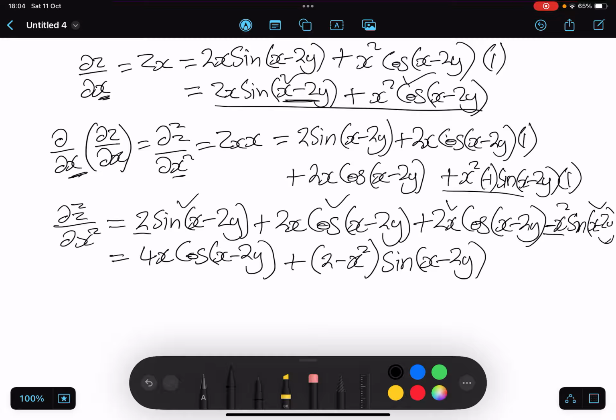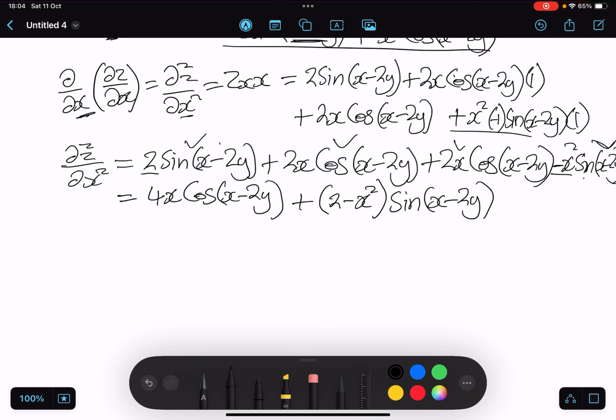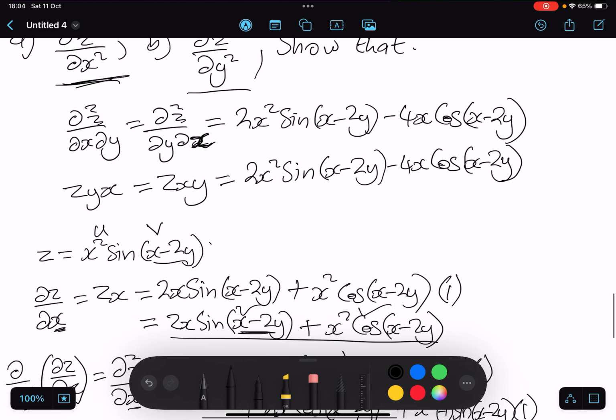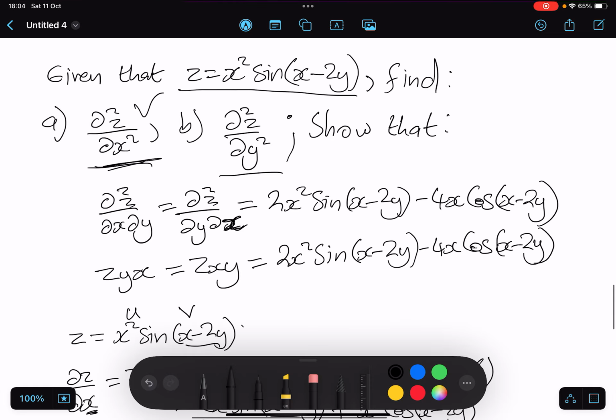I just factored out sine(x minus 2y) from both of these terms, and I was left with 2 minus x squared. So now we have found our first task, which is this. Now we have to find this.